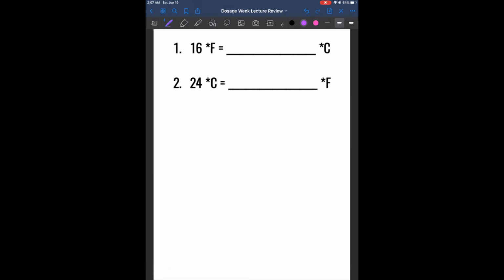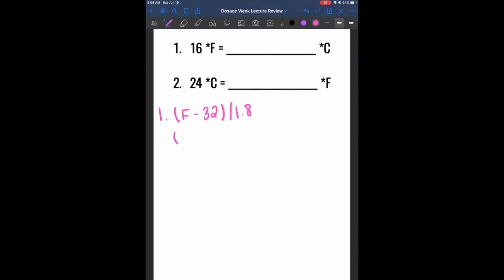Everyone seemed to have this down pretty well in class, so we're just going to work a few examples here. Remember, when going from Fahrenheit to Celsius, you're going to want to put your degrees Fahrenheit minus 32, then divide it by 1.8.